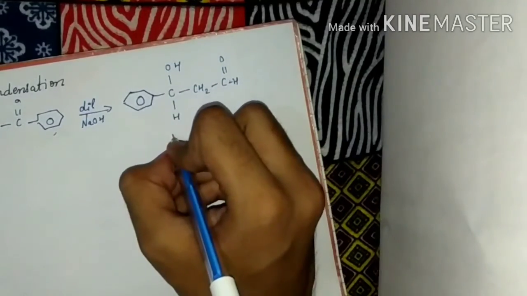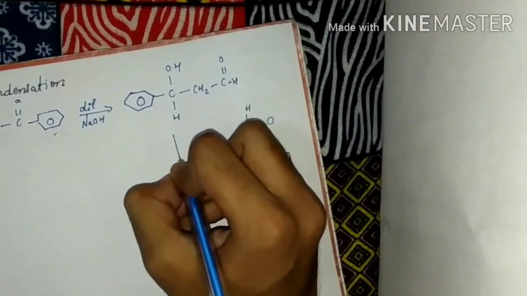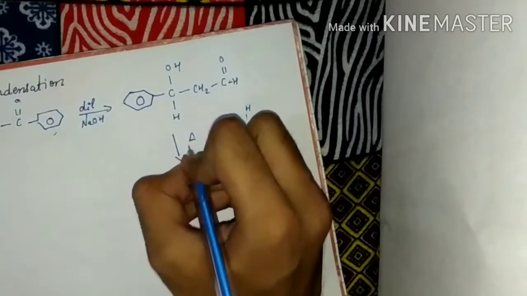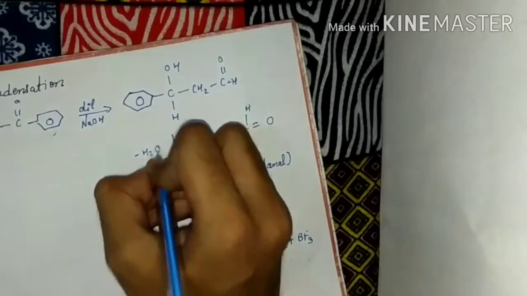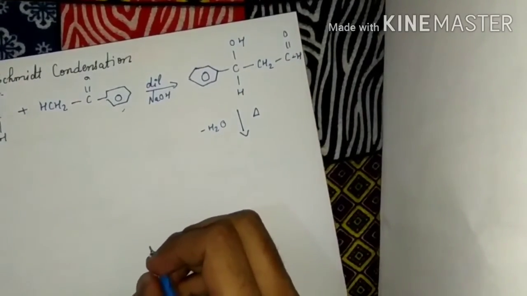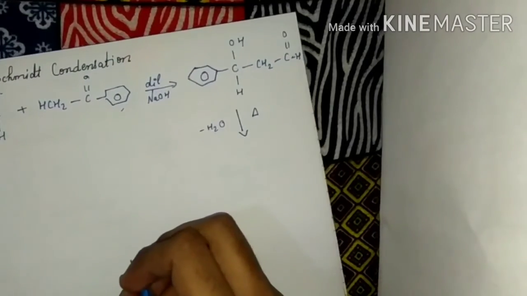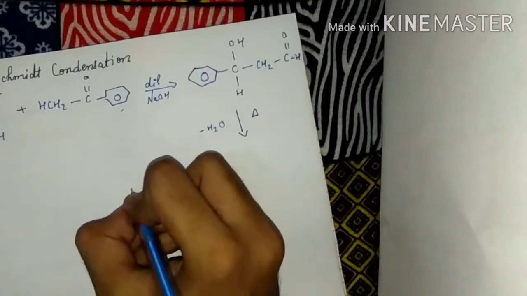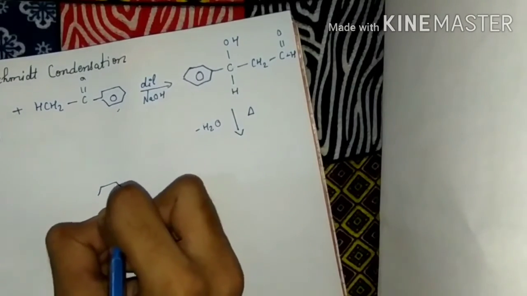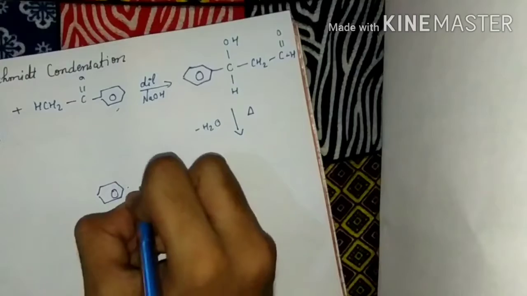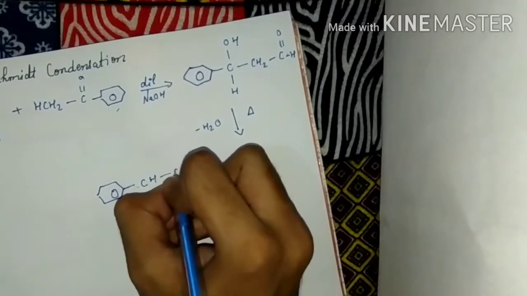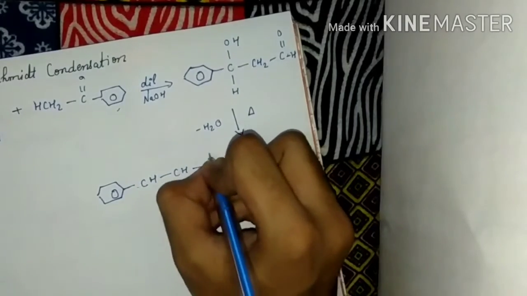Okay, the next part is that it is heated, which precipitates out H2O, and it gives benzylidene acetophenone. How do we write benzylidene acetophenone? Like this.